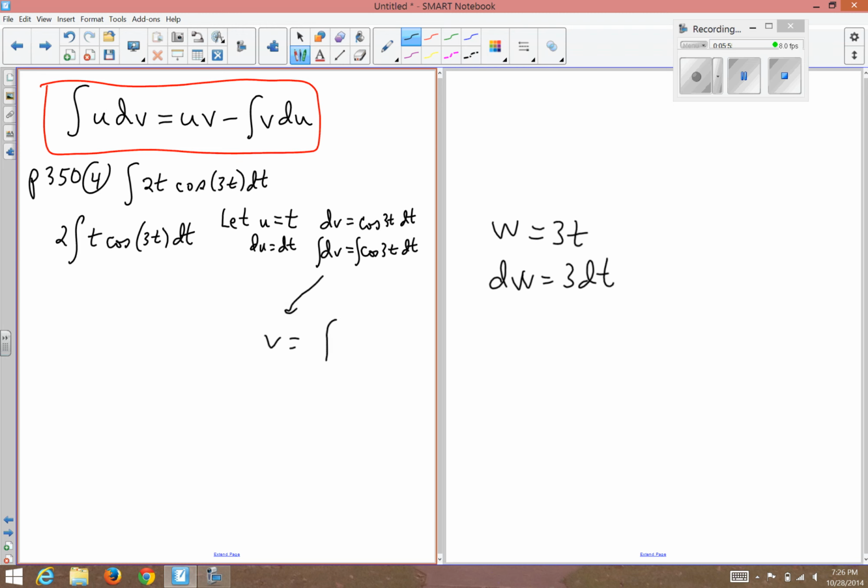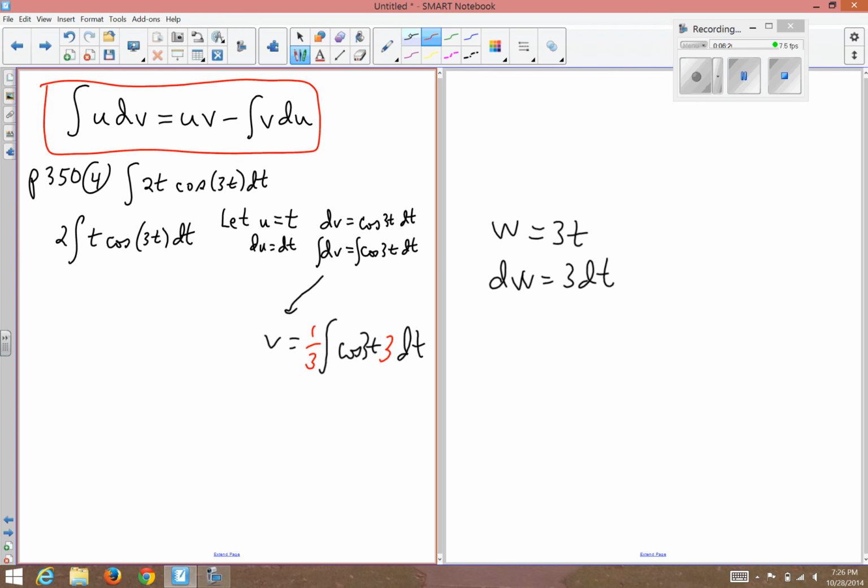This integral over here, cosine 3t dt, requires the magical appearance of a 3. It just says dt here. We need it to say 3 dt. And we can make the 3 appear as long as we also put in the 1/3.